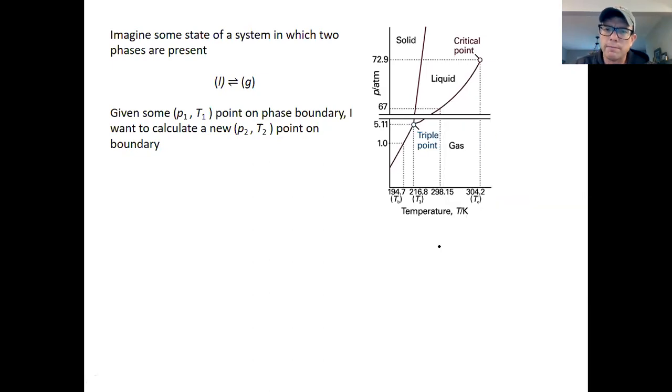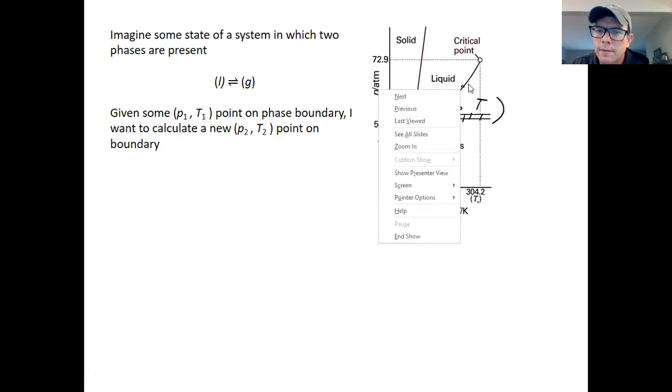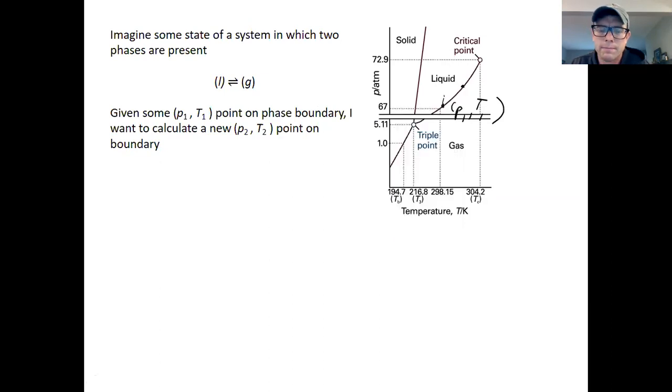I call this P1 and T1, and you could imagine that I might want to calculate some other combination, which I would call P2, T2. So how do I do that? How do I calculate some other set of equilibrium conditions along this phase boundary?